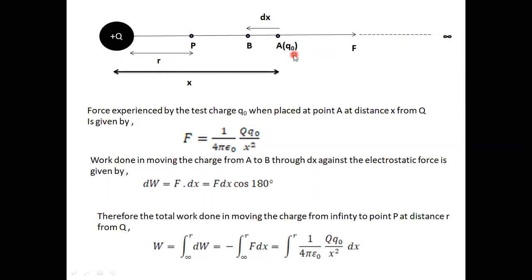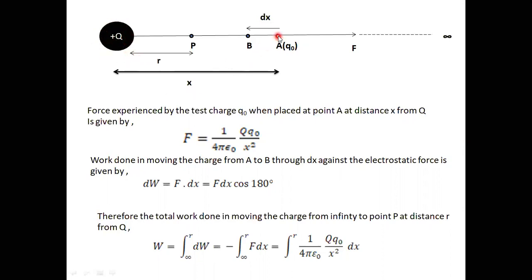When this test charge is coming from infinity in this direction, which is against the electrostatic field due to the source charge, it reaches a point A, let's say, which is x distance from my source charge.